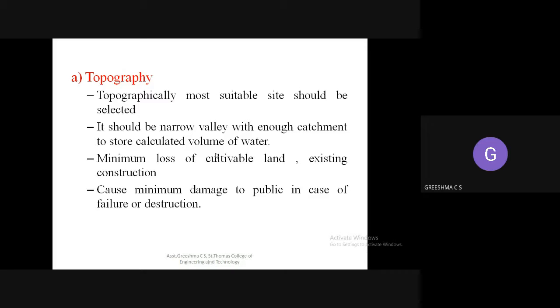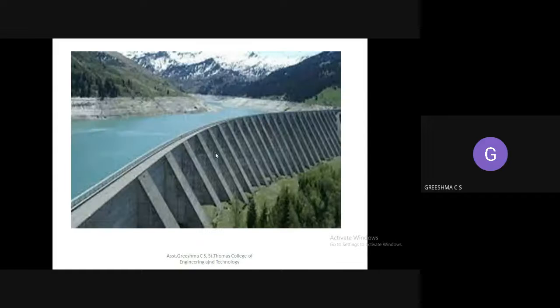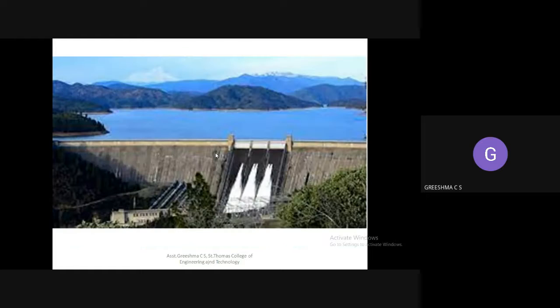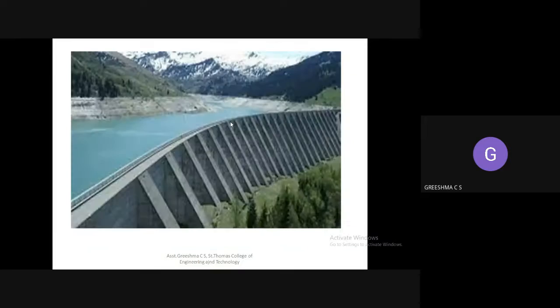That much water has to be collected at a particular site. You can see from this picture, this is the catchment, from which you need to get the required amount of water.